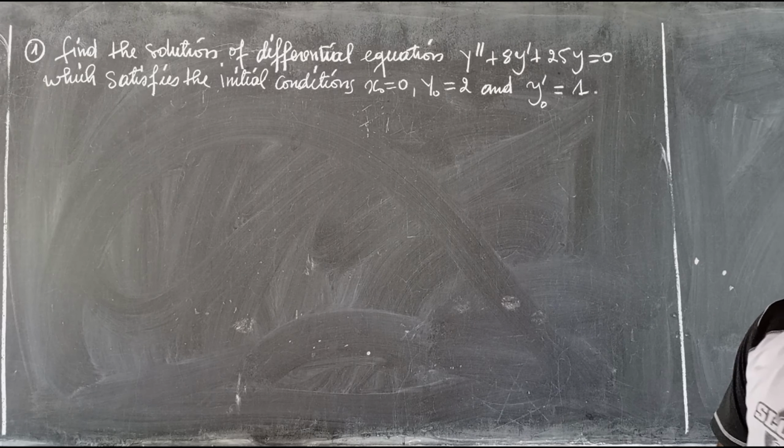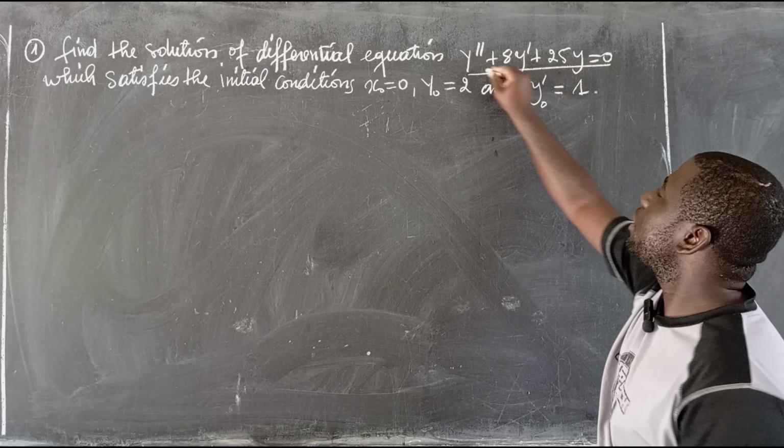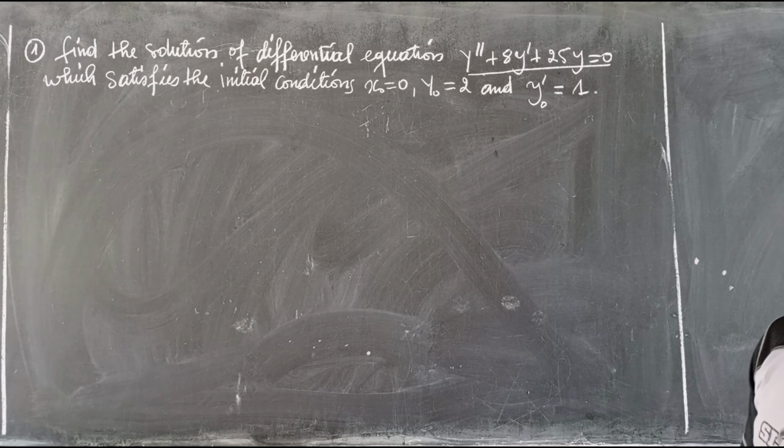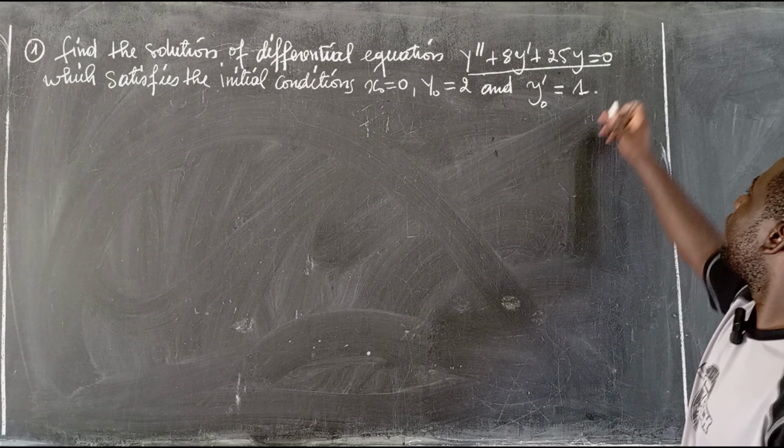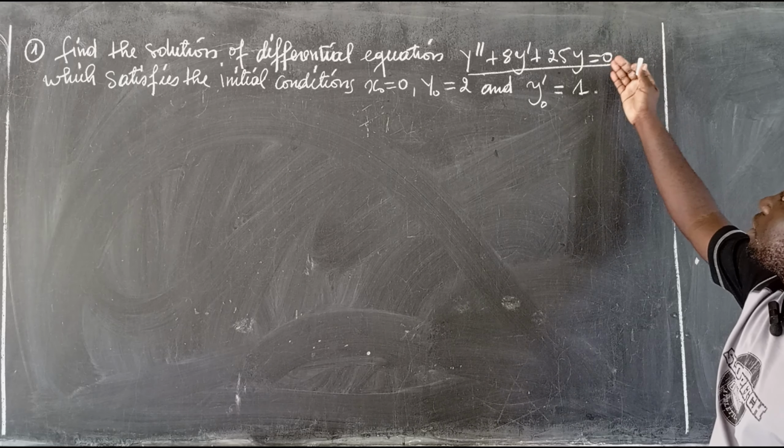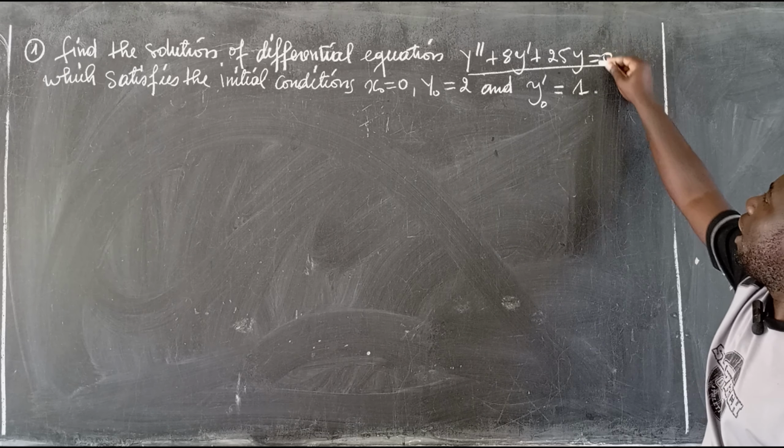So let us try to answer this question where we have this equation as second order differential equation. We are going to look at this side. As this side we have 0, it means that this differential equation is homogeneous.